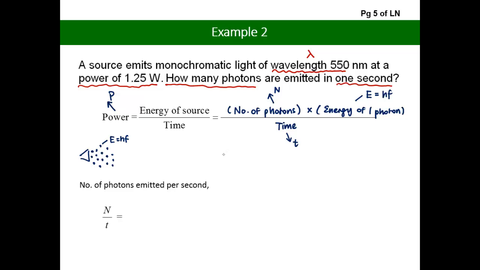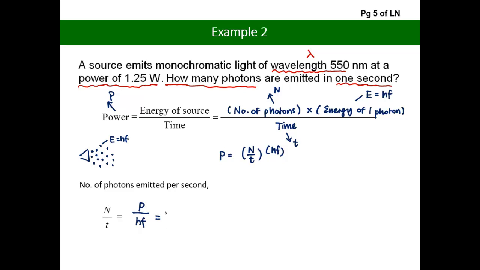Writing this as an equation, P equals N over t times hf, and all we have to do now is rearrange to get the number of photons per unit time, which is P over hf.